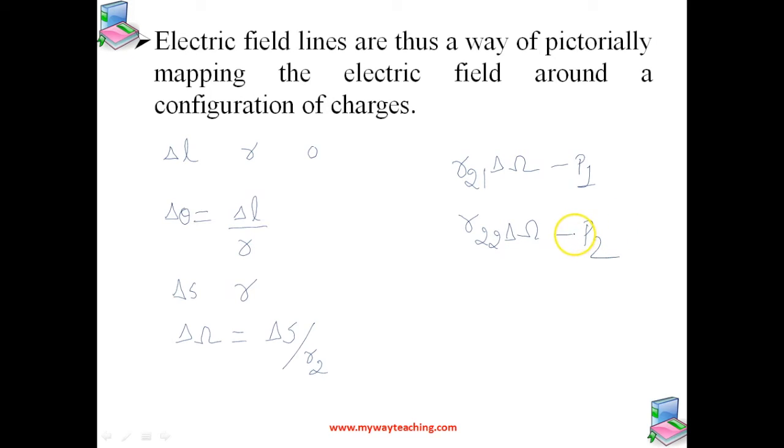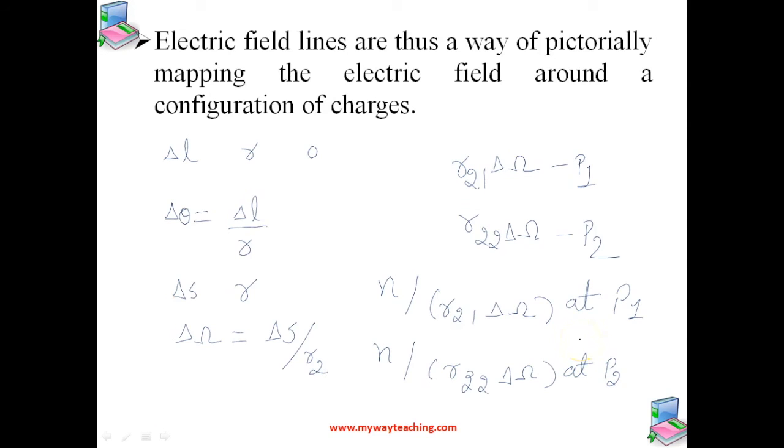The number of lines which cut these area elements is the same, which means the number of field lines cutting unit area element at point P1 is equal to n by R2 squared delta sigma at point P2. Okay.